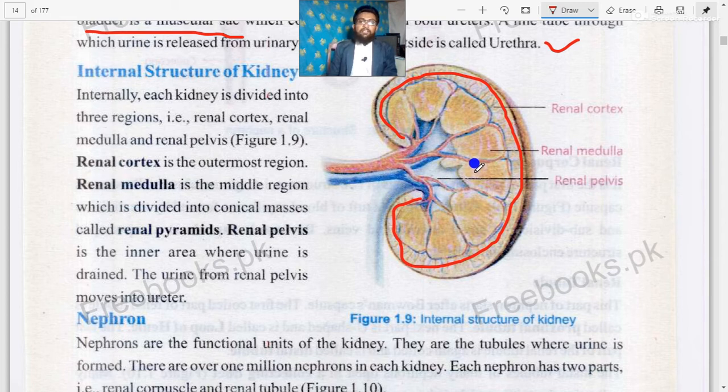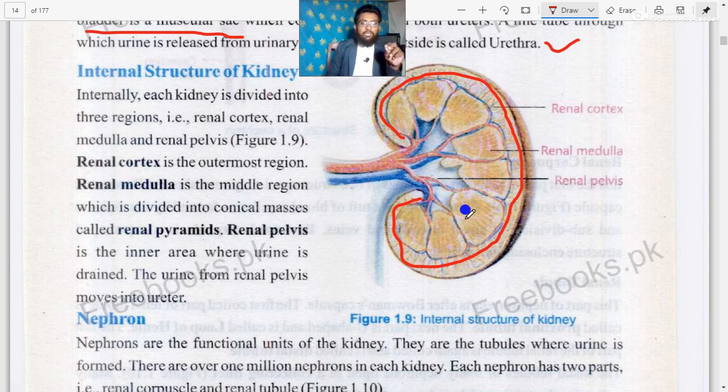Actually, the term renal is a symbol used for the kidney and kidney-related structures and functions. So renal means related to the kidney, because these cones are present within the kidney.